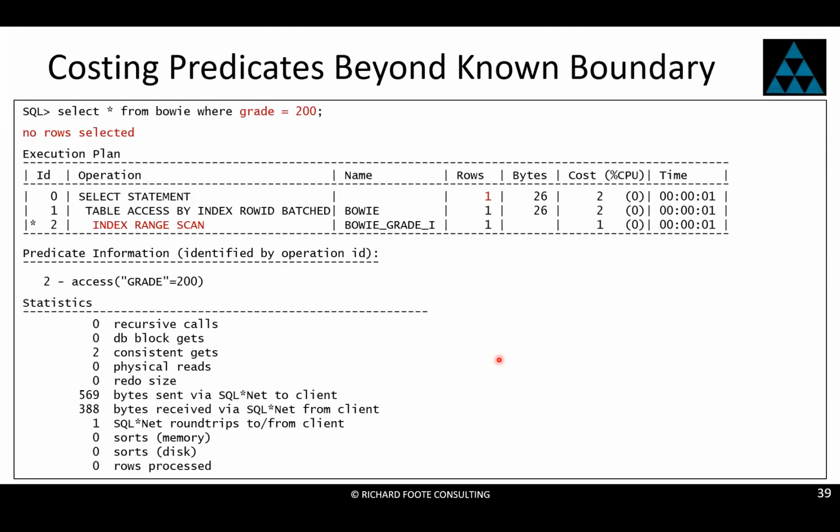If I go way, way out, so past the known range by the width of my total range of values, then eventually I get to the point where Oracle thinks I'm only going to get 1 row. So when I say greater than 200, Oracle says you only get 1 row. If you only get 1 row, then yeah, absolutely, an index would be a great way to get 1 row.